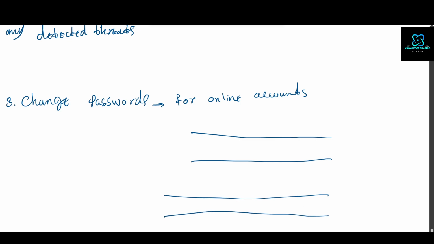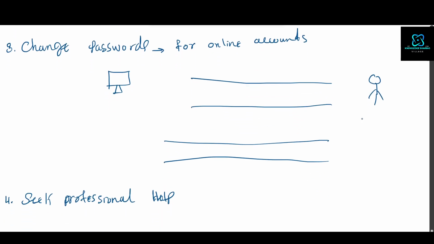We have two scenarios, right? Here we have the attacker and here we have your device, and here we also have the attacker and your device. This will illustrate your account.